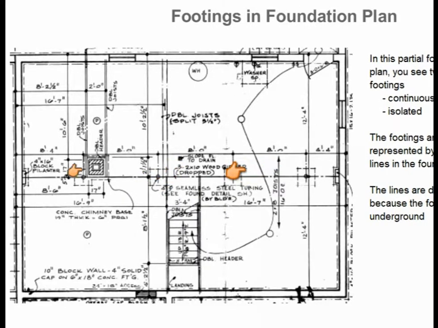These footings also appear under the 4x16 block pilasters. Again, these are isolated footings in the foundation plan. The lines for the footings are dashed because the footings are underground.